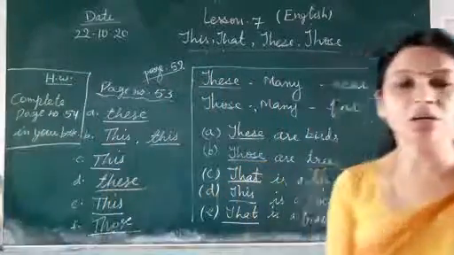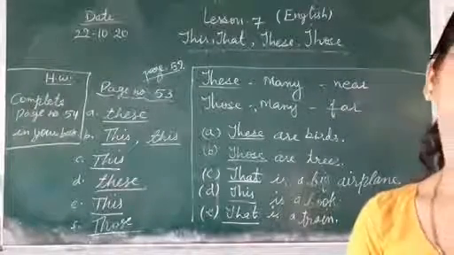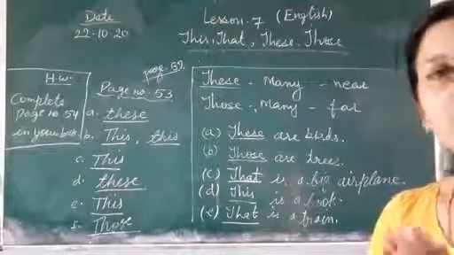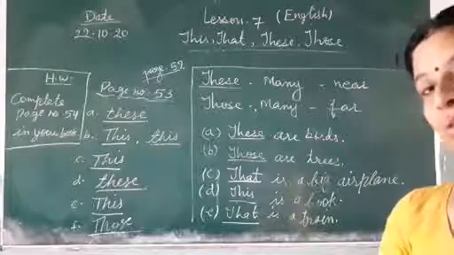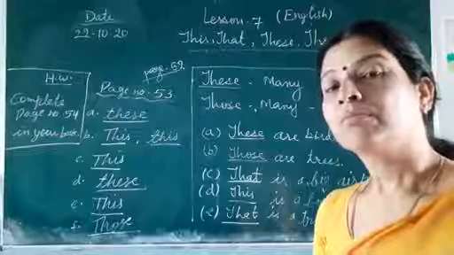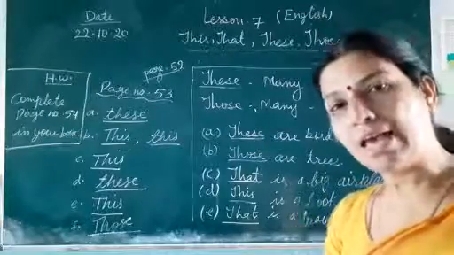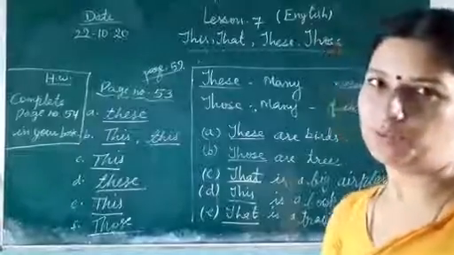What is your homework? Complete page number 54 in your book, where you will write these, that, these or those. I hope you all understand the concept of these, that, these and those. Okay.